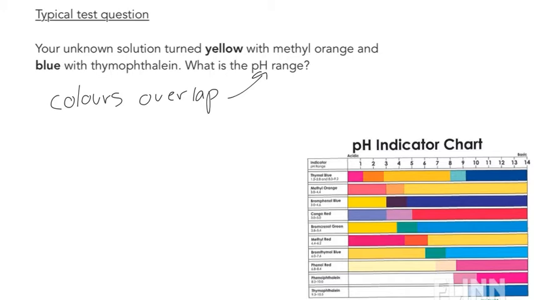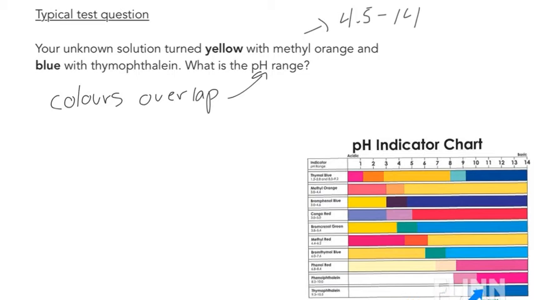So if we're looking at methyl orange, yellow with methyl orange. So methyl orange is again this one right here. So it's yellow from around 4.5 to 14. So now our next one that we're looking at is thymolphthalein, blue.